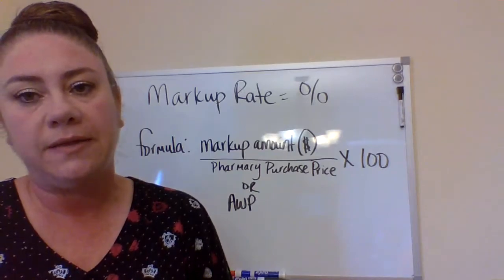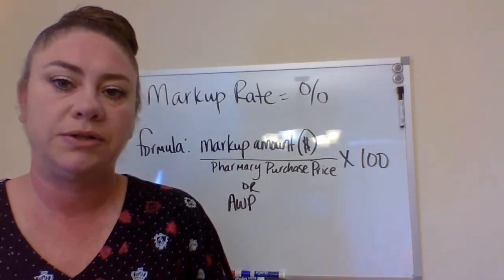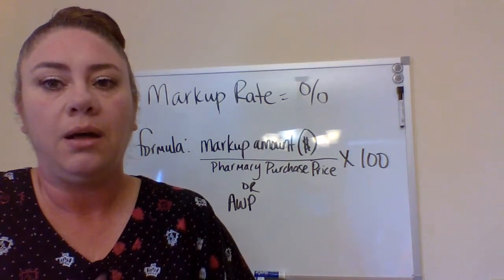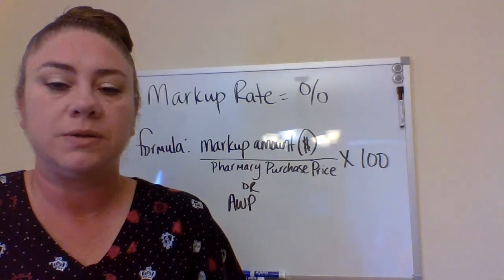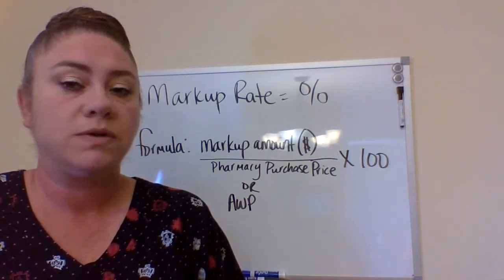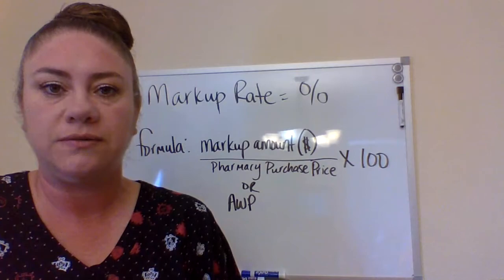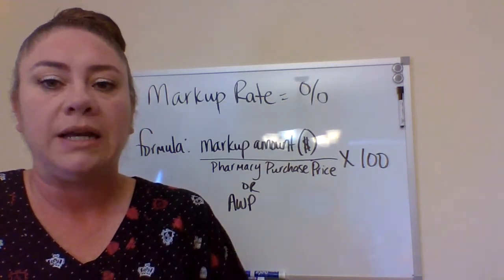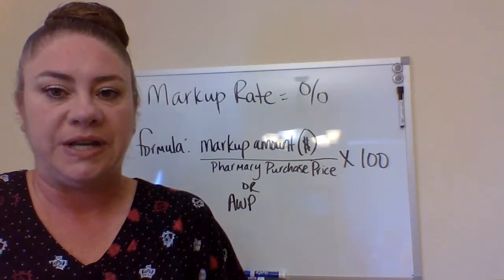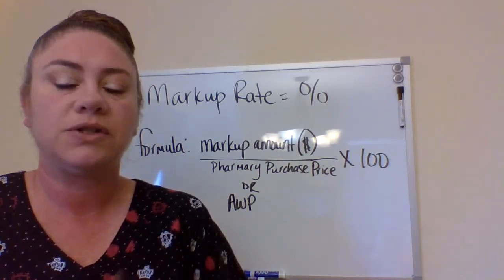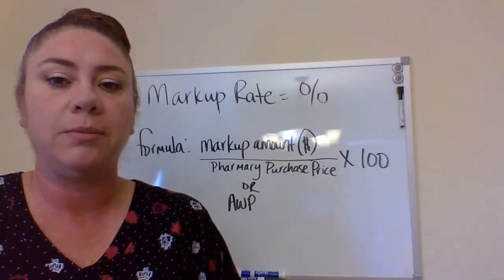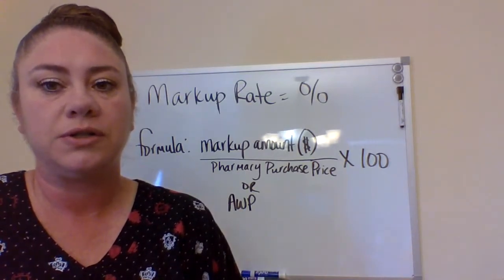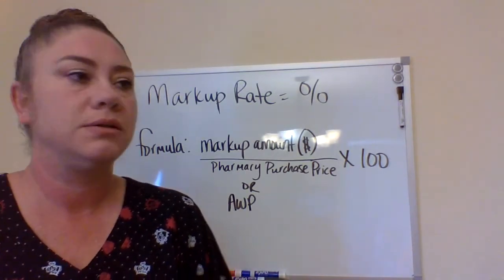How I want to explain that is that your brand name drugs are typically more expensive anyway, but the generic drugs are much cheaper, and that's one of the reasons why most pharmacies and most physicians will encourage the use of generic drugs, because they are cheaper. But in the sense of markup, brand name drugs are going to have a lower markup percentage because they're already expensive, versus the generic drugs will have a higher markup percentage, but it still balances out where the generic drugs are still cheaper than the brand drugs.